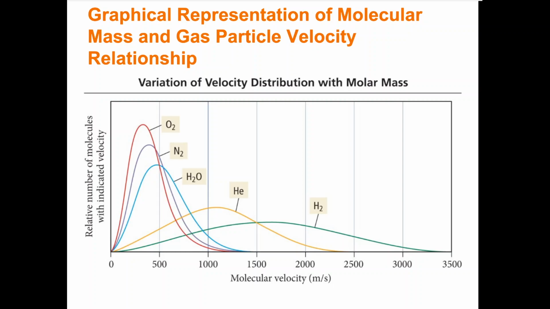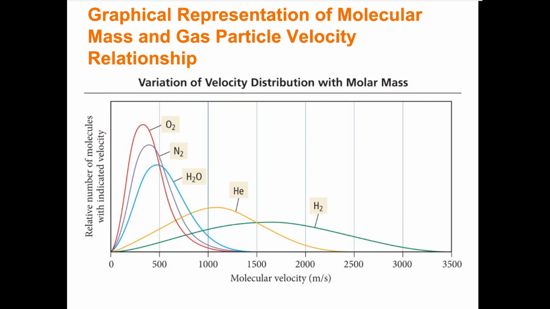We calculate this as u, the root mean squared, equal to the square root of 3 times R times T over M, where T is the temperature, just like always. R is our ideal gas constant, and this time it's in kilojoules per Kelvin per mole, so we need slightly different units since we're talking about energy this time. And the big M is the molar mass.